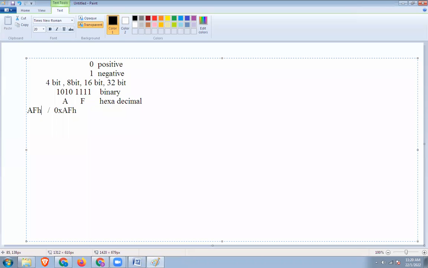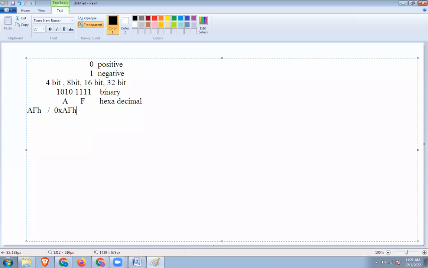If you are working with assembly language, the AFH convention is used. If you are working with high-level languages like C, C++, Python, PHP, or HTML, you can use the 0xAF convention. The H may be in small case or capital case, no problem, but this is the way of representation.